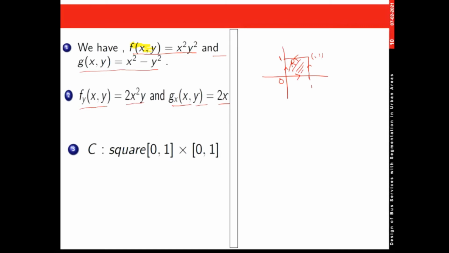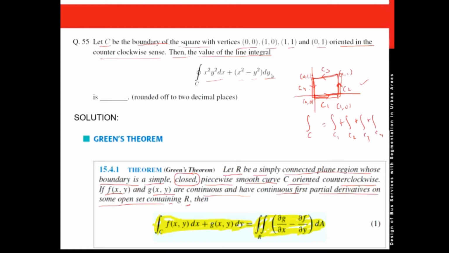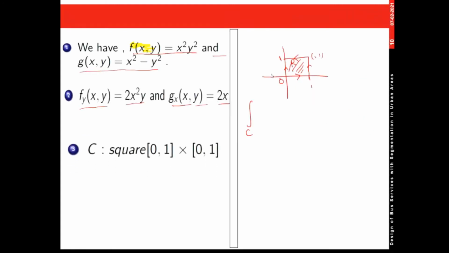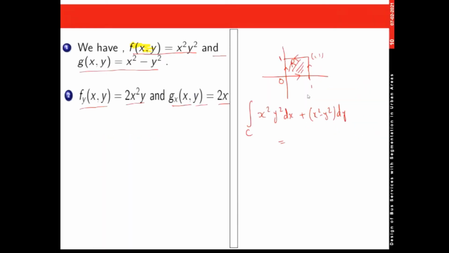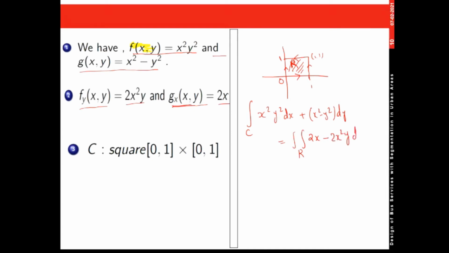So if you want to integrate this, by Green's theorem, the integral over C of x² y² dx plus (x² minus y²) dy is equal to the double integral over R. This is my region R. g_x is 2x minus f_y. f_y is 2x² y, dy dx, or dx dy.